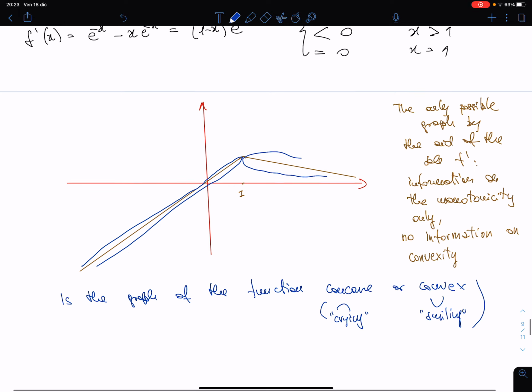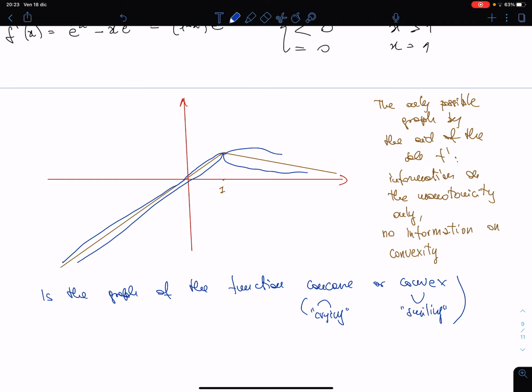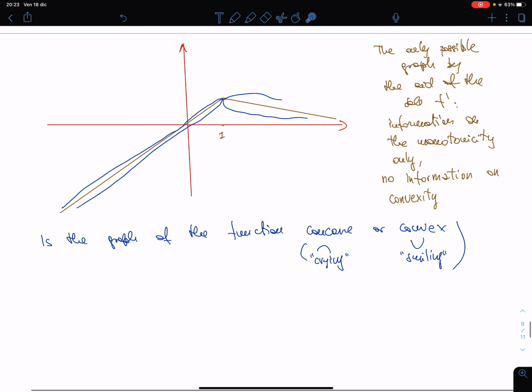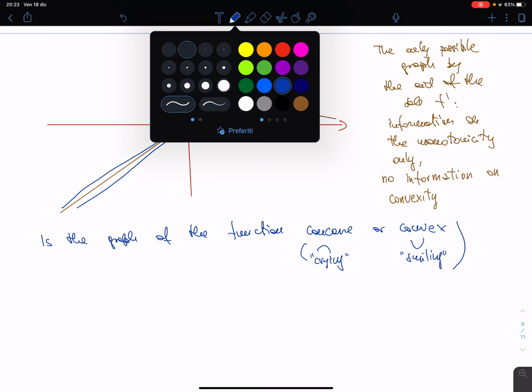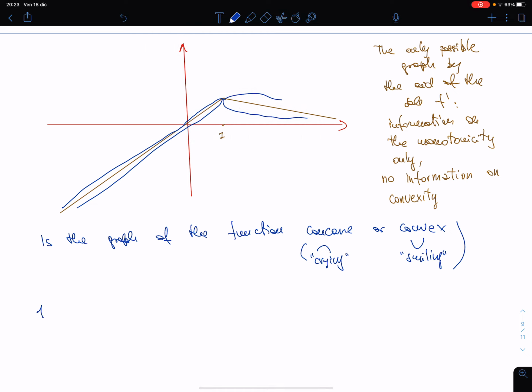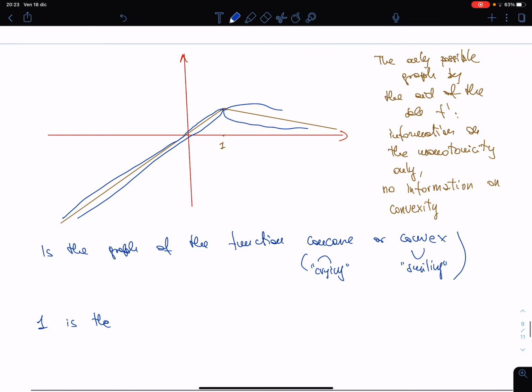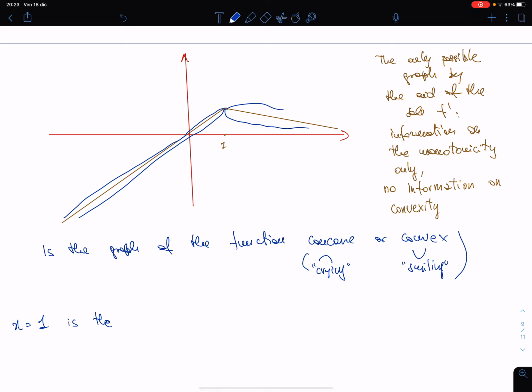But before closing this video, I want to stress that just with this very rough, very elementary study, we can say that x equal to 1 is the global maximum point, the unique global maximum point.